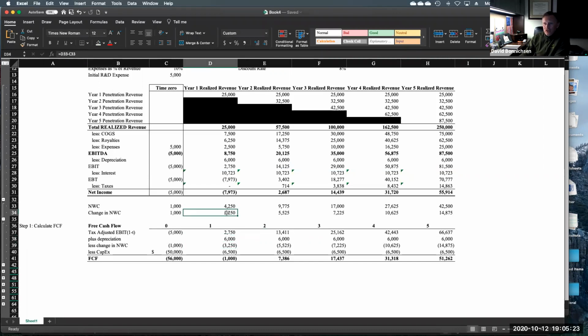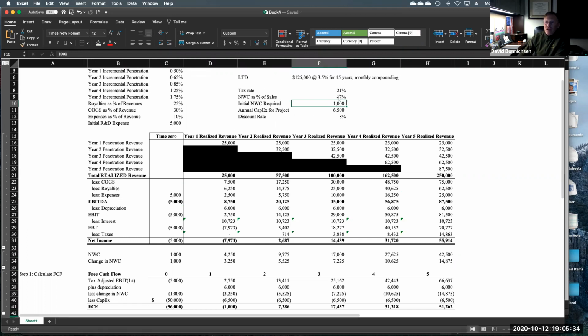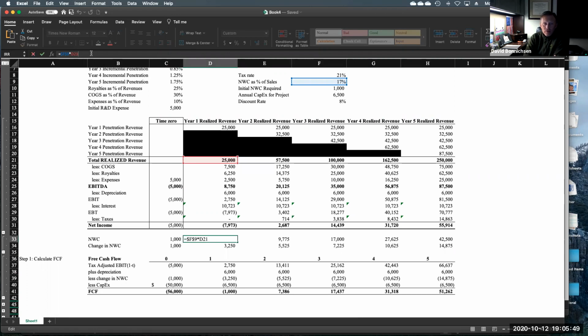We've calculated the change in net working capital. So our net working capital, we were told, was initially $1,000, and then every year after that, it was going to be 17% of the sales number. So the actual raw net working capital numbers are $1,000 at time 0, and then 17% of the realized revenue for the year.